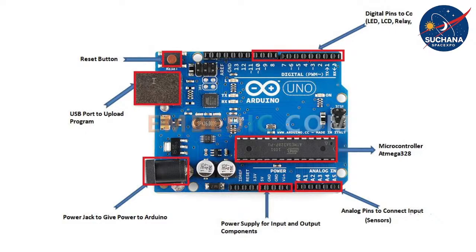And this is the port where you connect one terminal of a USB cable to your laptop's COM port, like the slots where you connect a pen drive. With the help of that, you will upload the code from the Arduino IDE into this Arduino module, and it will be stored in the microcontroller only.